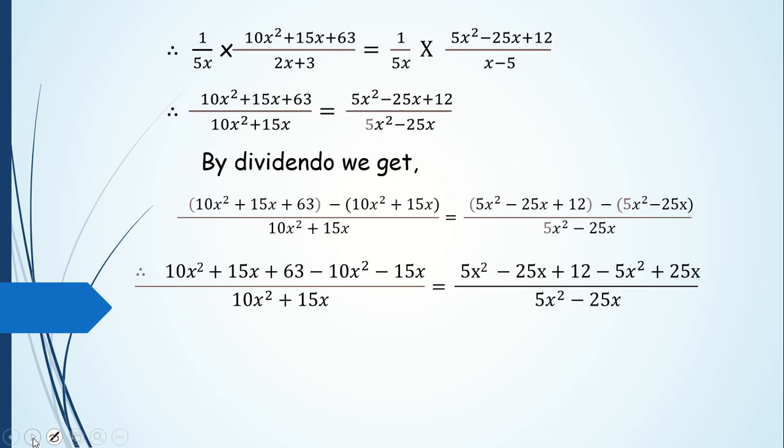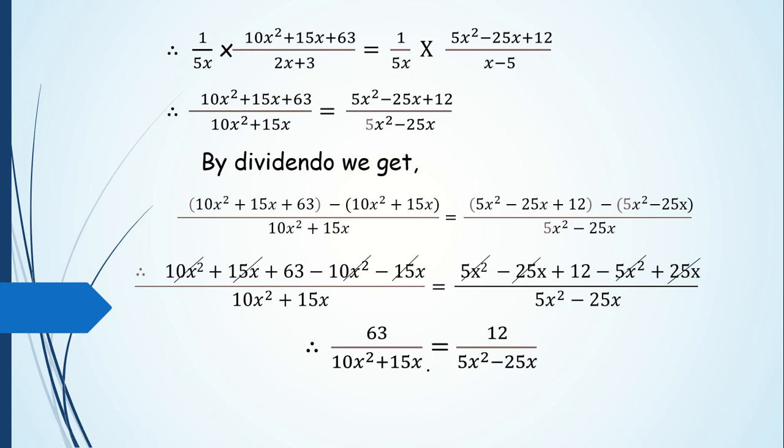So signs have got changed. Now this 10x square gets cut, 15x minus 15x gets cut, minus 25x plus 25x gets cut, and 5x square minus 5x square gets cut. So what I'm left with is 63 here, and on this side 12. Plus minus gets cut, and we are left with this.